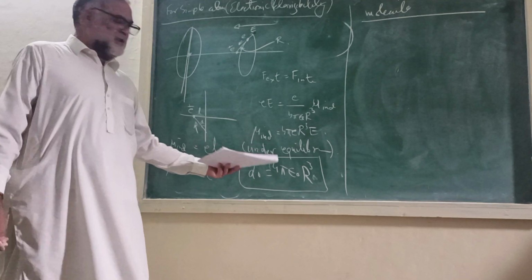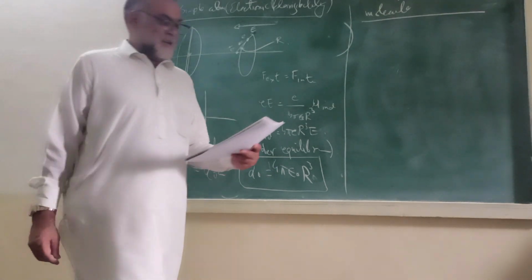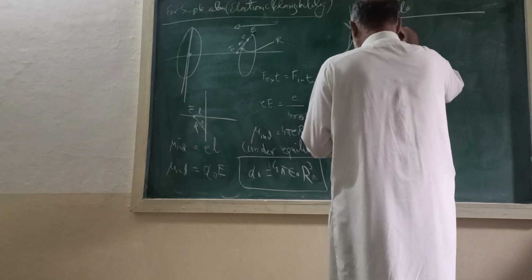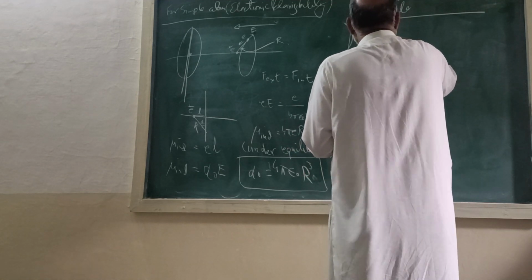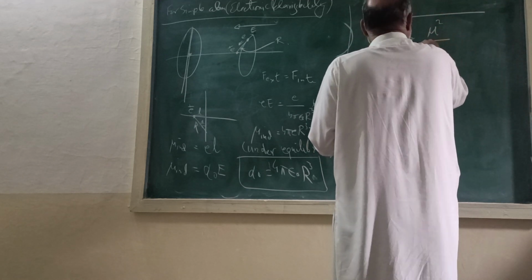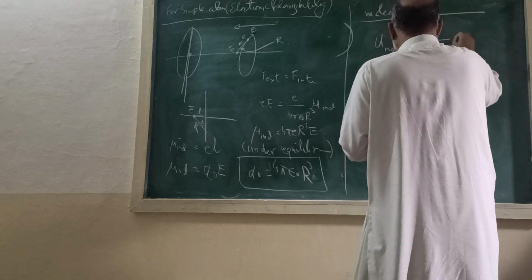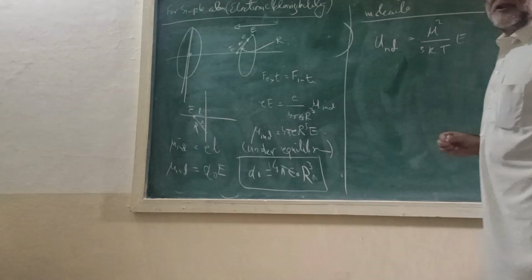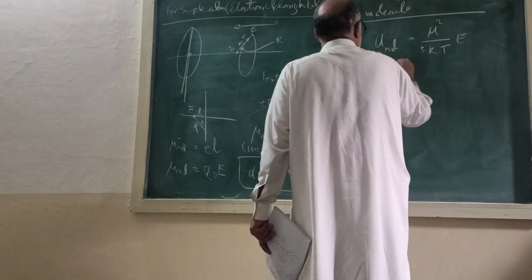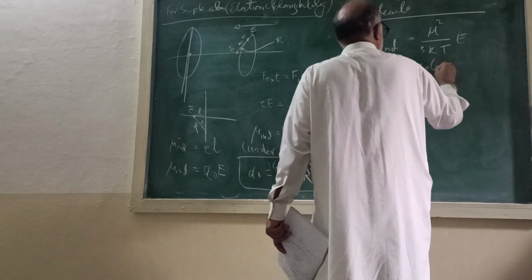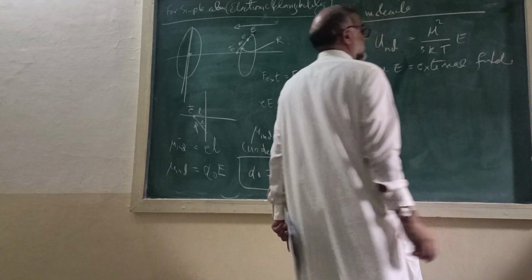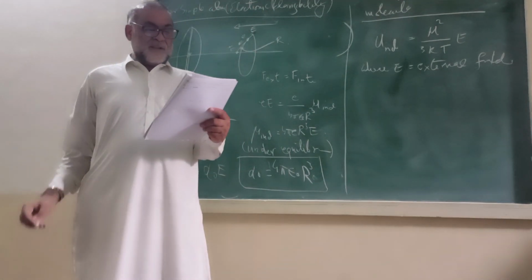The induced dipole moment is equal to mu square divided by 3 kT times E, under the action of electric field, where E is the external field.